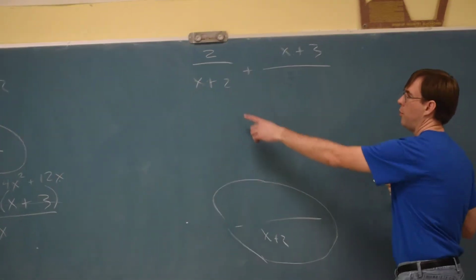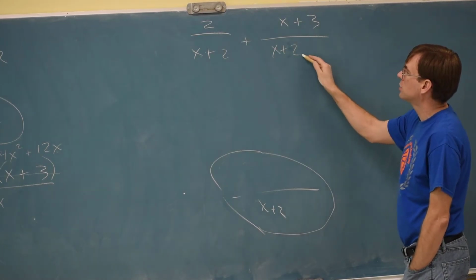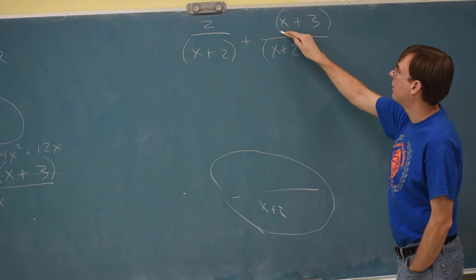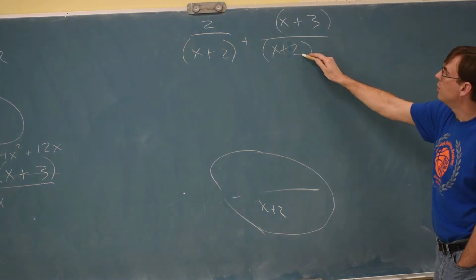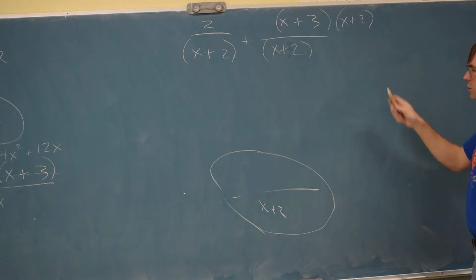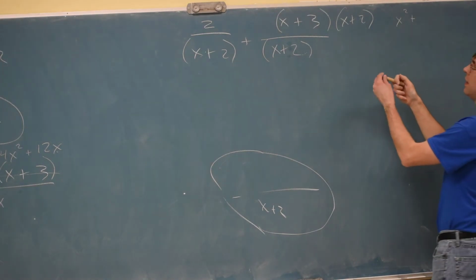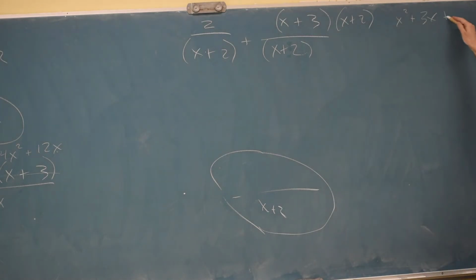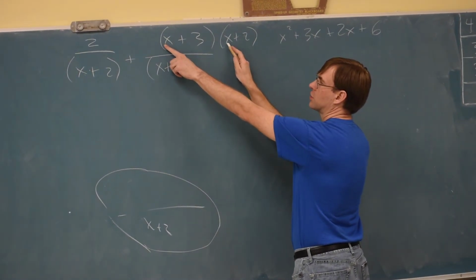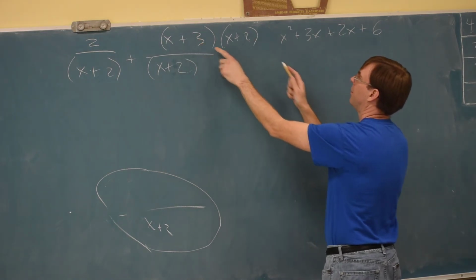This problem, we know a bottom we need to have, it's x plus 2. So we need this to have an x plus 2. And there are always those invisible parentheses lurking about everywhere. On the bottom, we made this happen, so we need to make that happen on the top. And this top is going to need FOILed. This would be an x squared, a 3x, a 2x, and a 6 from multiplying x squared here, 3x from there, 2x from there, 6 from there.